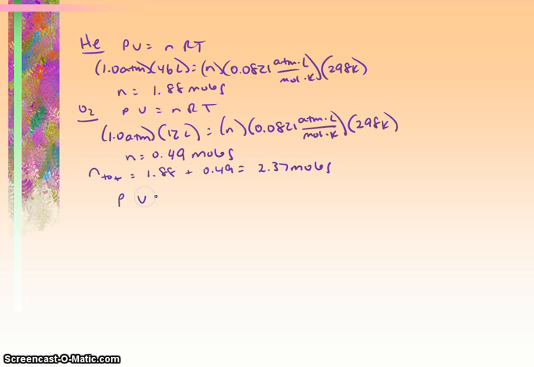So PV equals nRT. We want to find out what the total pressure is. The new volume of the container is 5 liters. The total number of moles of gas is 2.37.